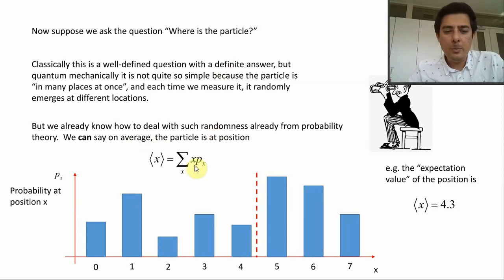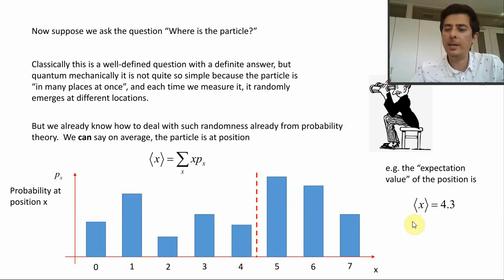In our probability distribution, if you get some distribution like this and say there are only 7 cases, then on average the position of the particle is maybe somewhere where this red line is, because that's the average of this probability distribution.